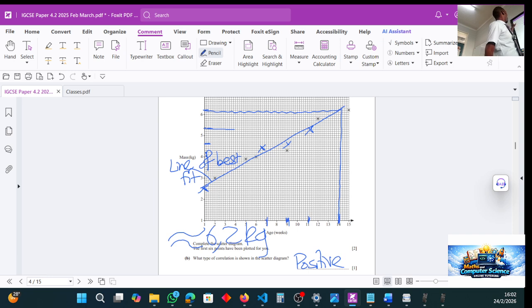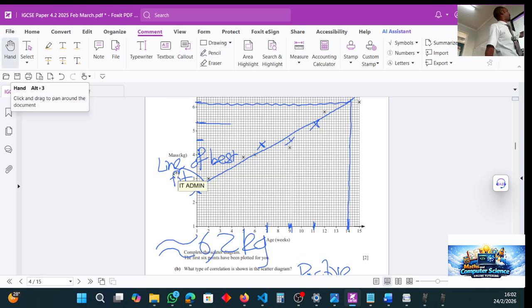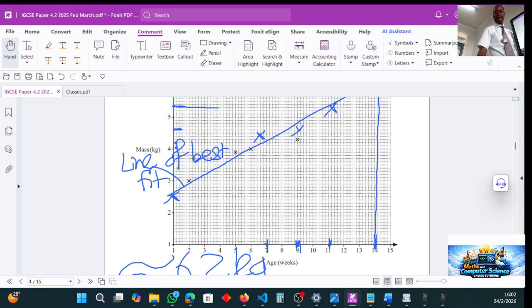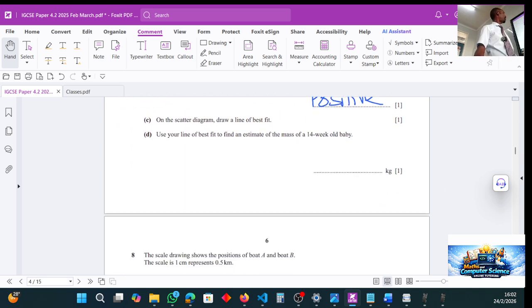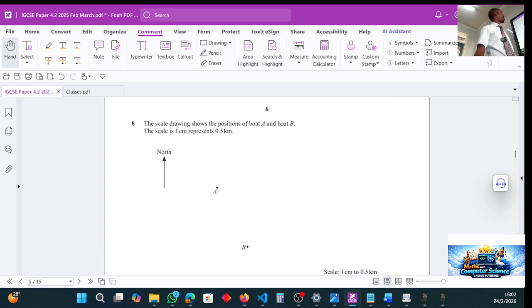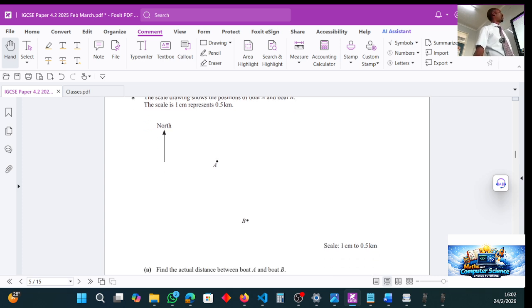So let's have a look at the next problem, which is number 8. We are given a scale drawing which shows the positions of both port A and port B. The scale is 1 centimeter represents 0.5 kilometers. So find the distance between port A and port B. Say, for instance, I measured here and find that my distance is 2.5 centimeters.